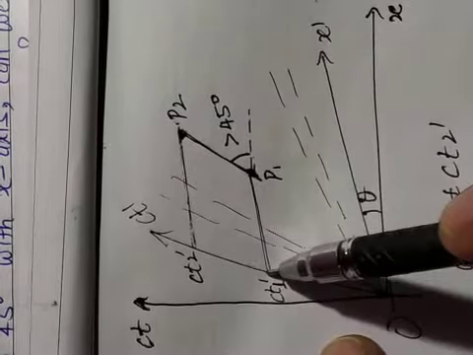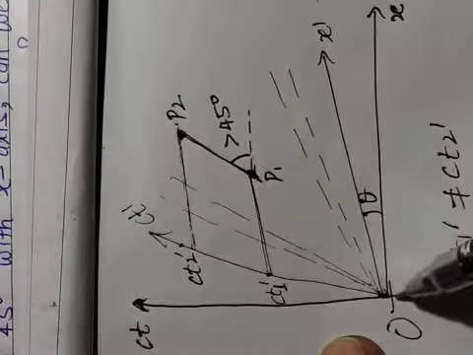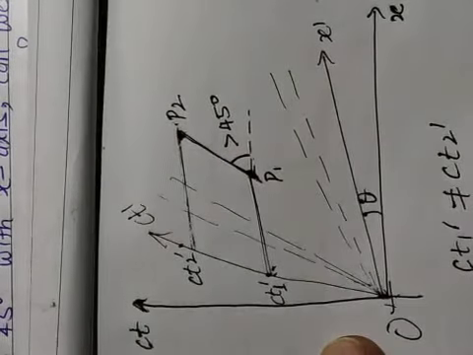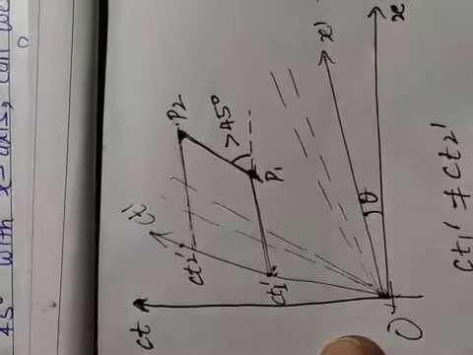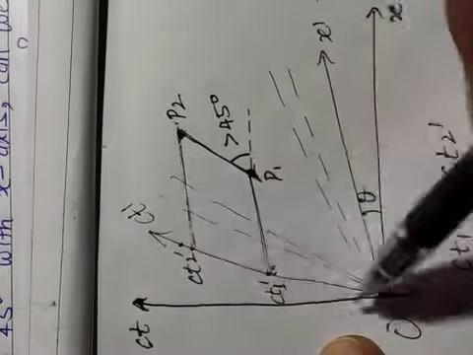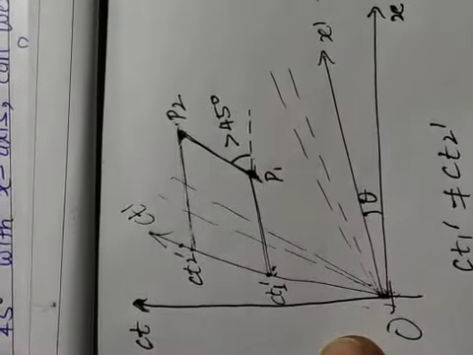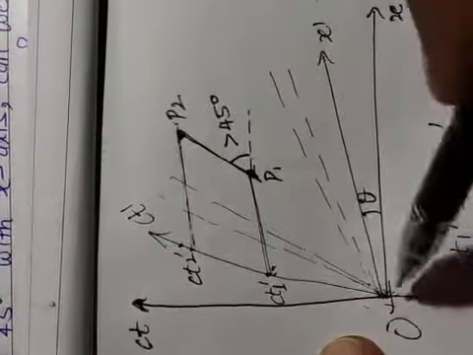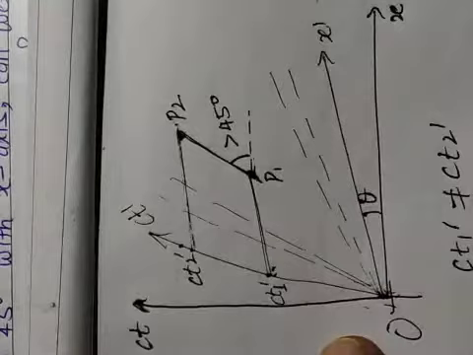Say this point is Q1 and this point is Q2. Then CT1 prime is OQ1 multiplied by the same factor, root of (1 minus beta square) over (1 plus beta square). And this is Q2, so measure this OQ2 and multiply it by the same factor, and you can measure CT2 prime.